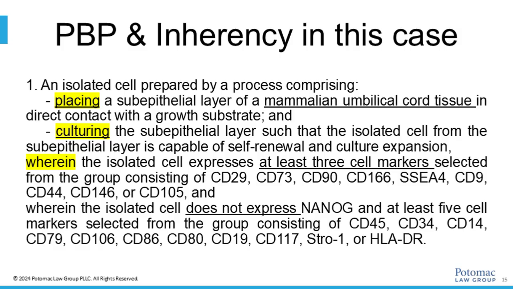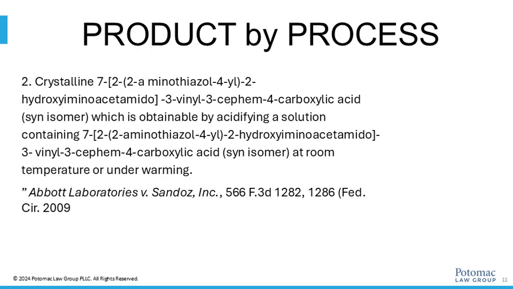And I looked through the case law, searching for so-called pure product by process cases. And it was not easy, as they had told me. Most often we have this type of claiming as is here, but I came across two of them at least. One is Abbott Labs, a 2009 Federal Circuit case. Here you see the claim at issue.